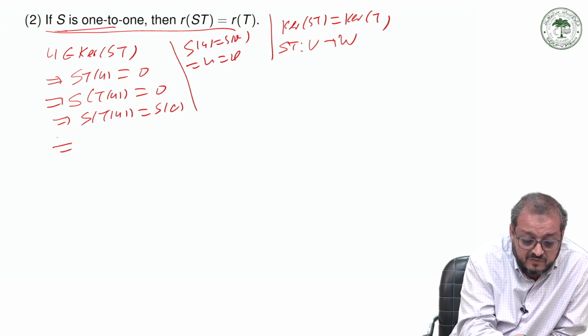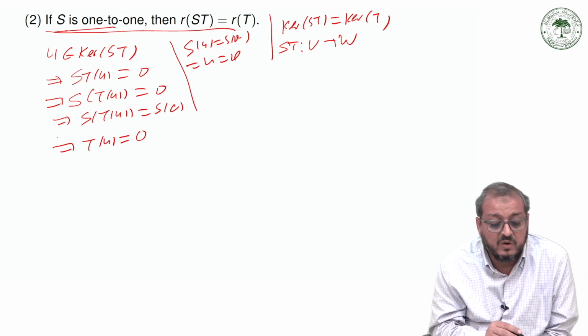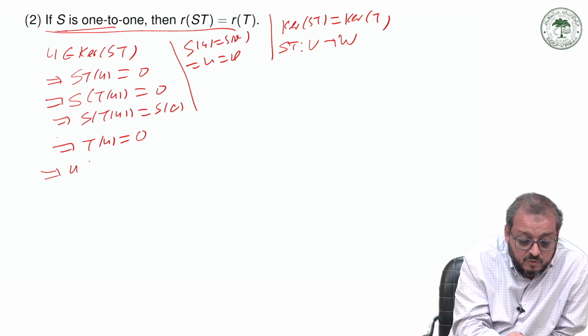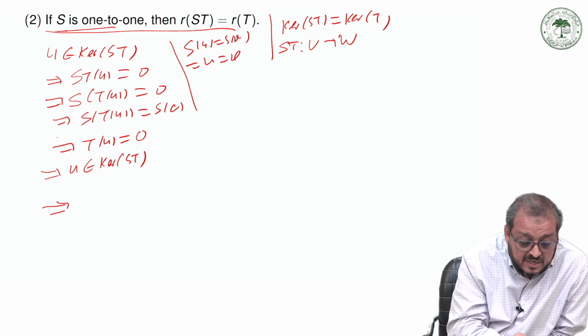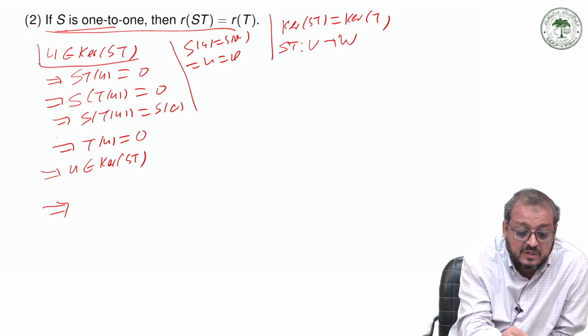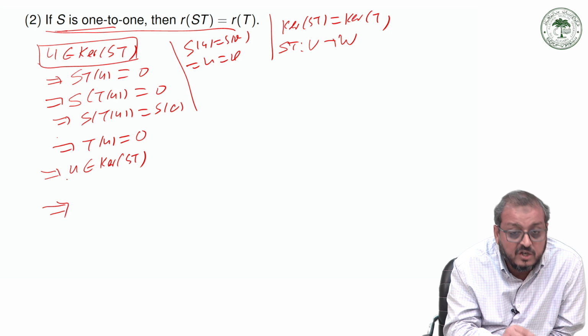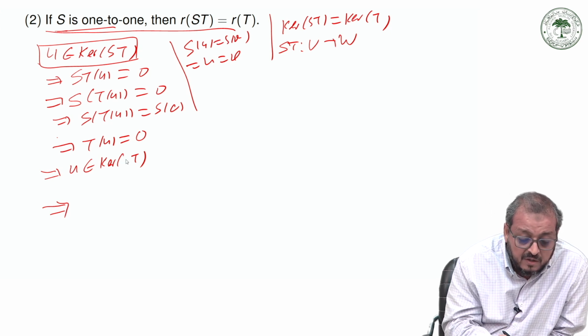So this implies that T of u is equal to 0 by the one-oneness of S, and if T of u is equal to 0, then u is an element of the kernel of T. Assuming u is an element of the kernel of ST, we showed that u is an element of the kernel of T.